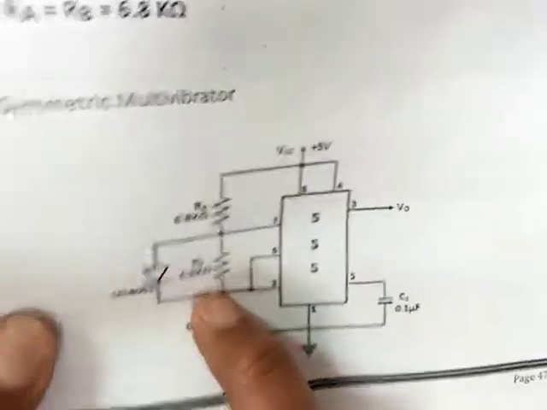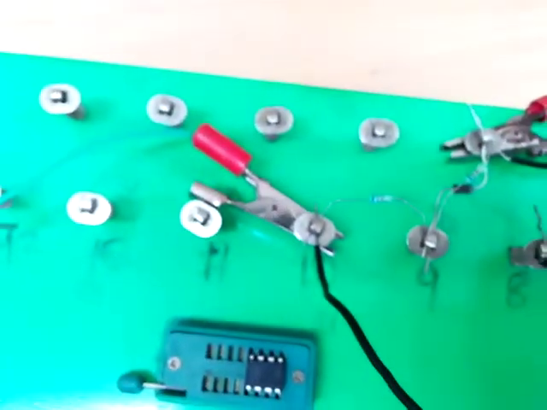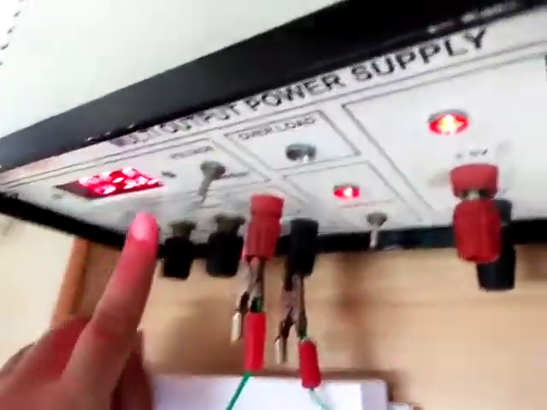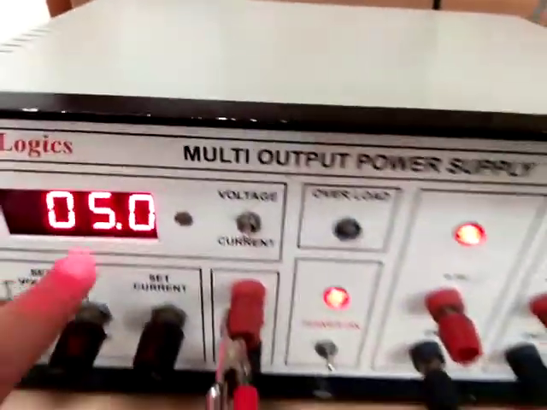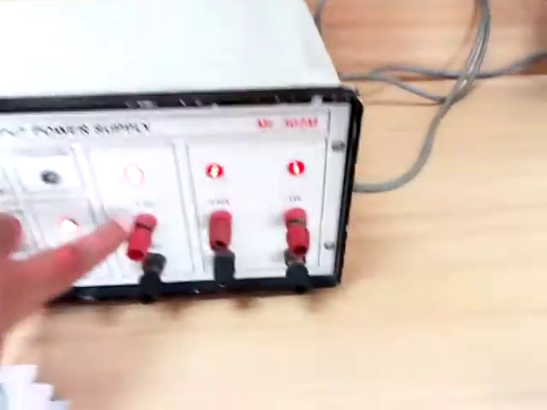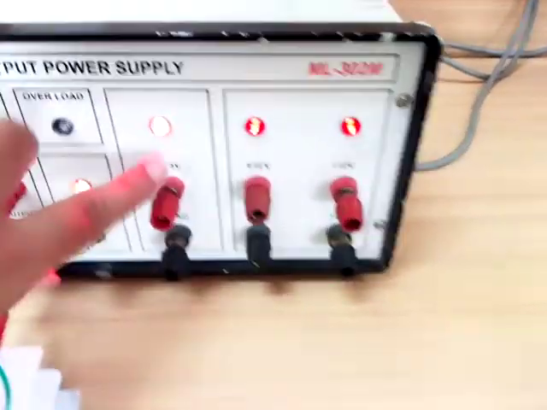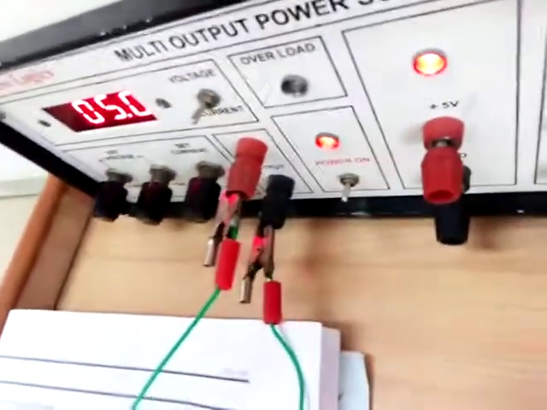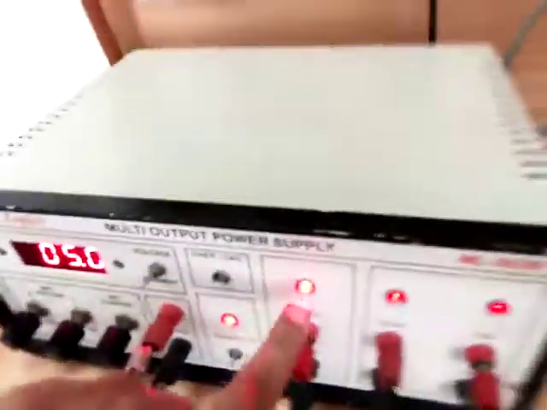I have applied plus 5 volts from the DC supply. Here you can observe I have connected positive here and negative to the common ground. I have set the voltage to 5 volts. Either you can give it here, or you can use the fixed plus 5 volts from here also.